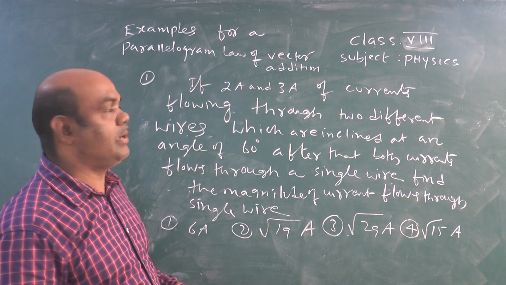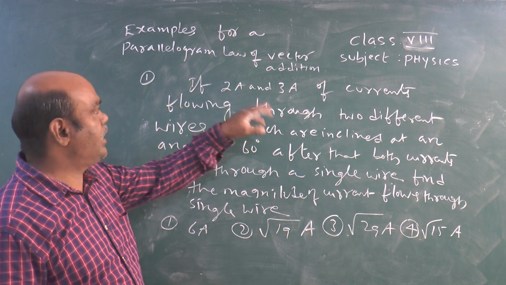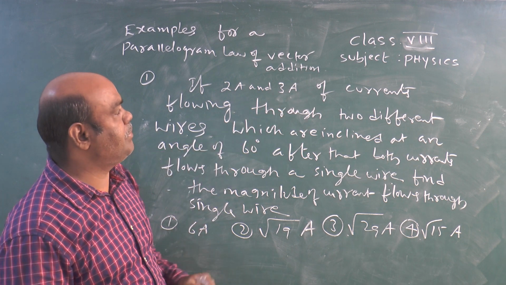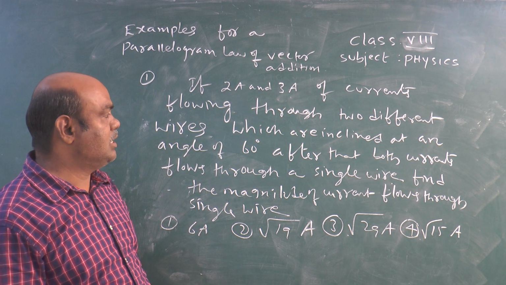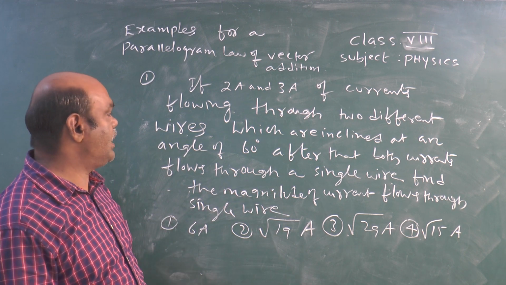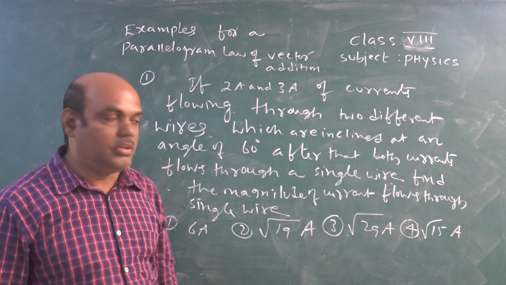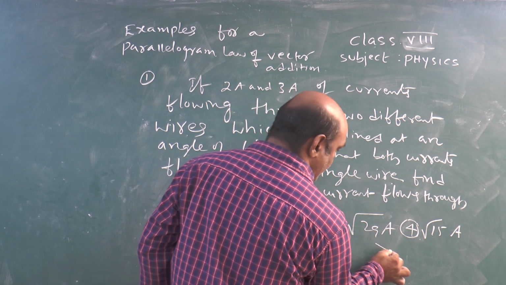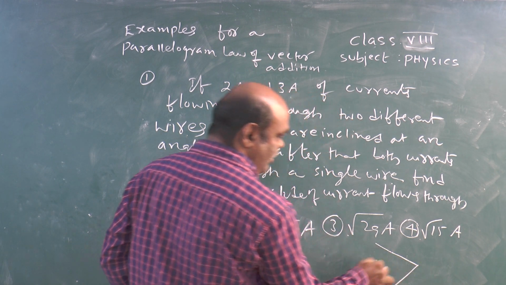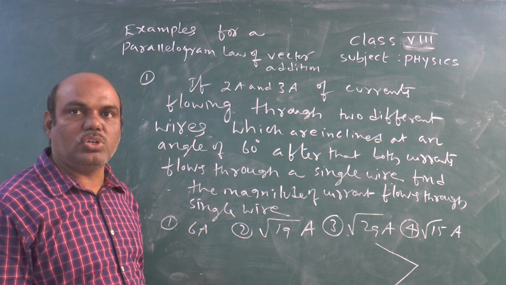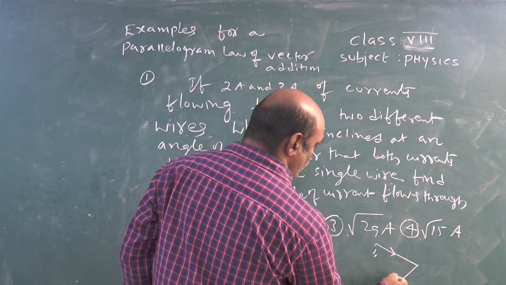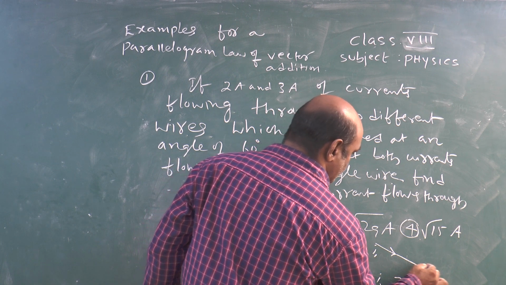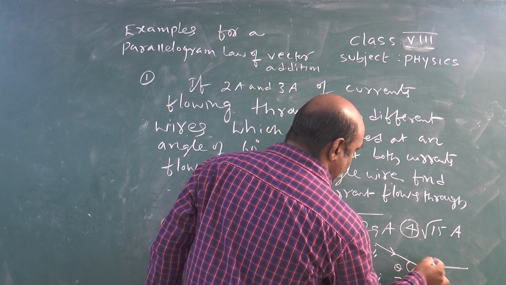In this problem, what are the terms given? 2 ampere and 3 ampere of currents flow through two different wires which are inclined at an angle of 60 degrees. Here this is one wire and this is another wire. Here the current I1 flows, here I2 flows, and there is some angle theta.